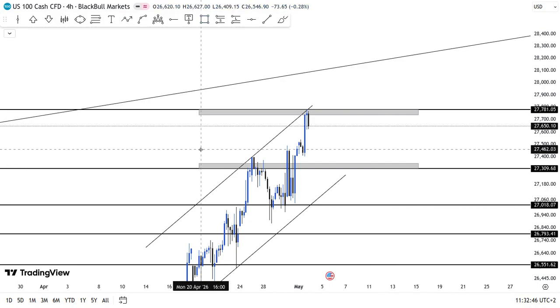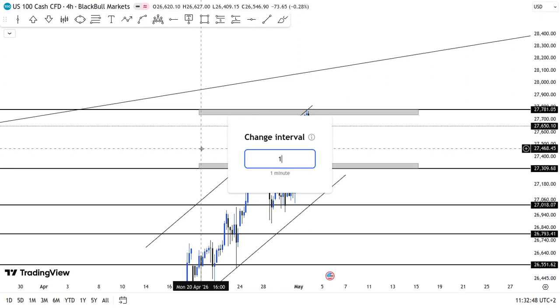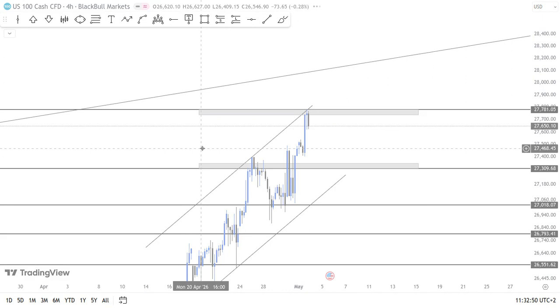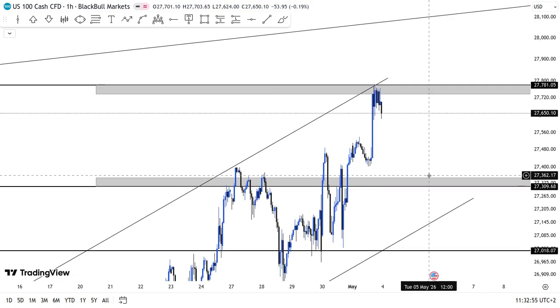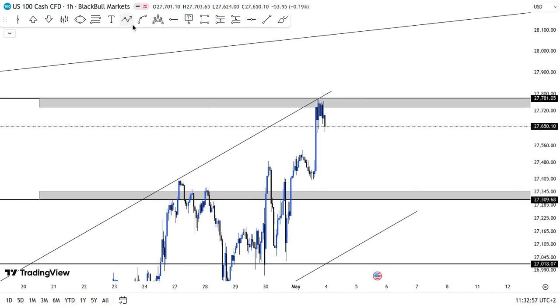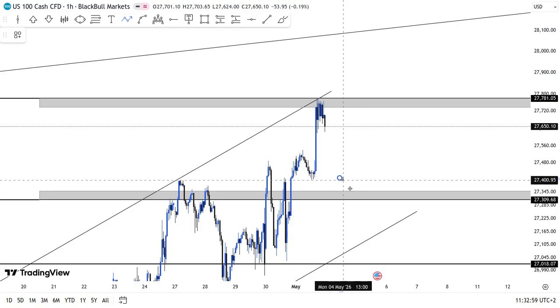I will switch to my 1 hour time frame. Switching to my 1 hour time frame, I am expecting price to come back here, retest, and then go high.